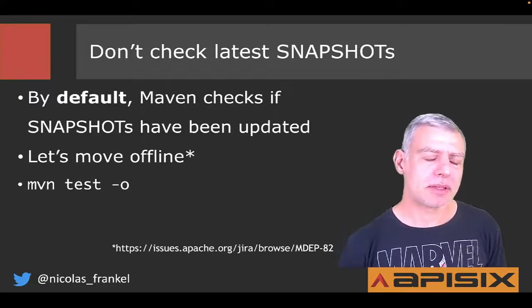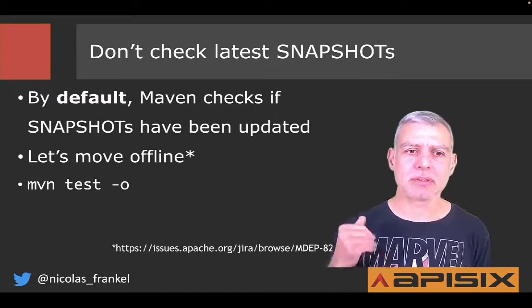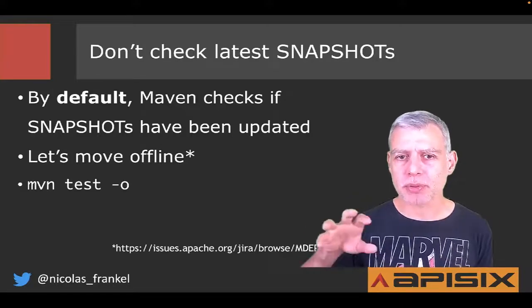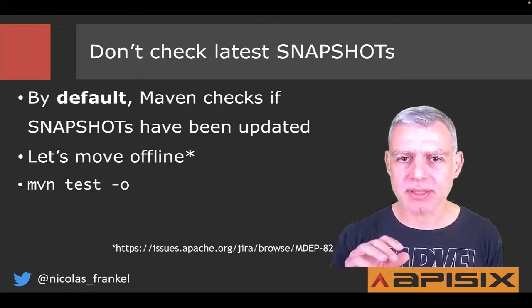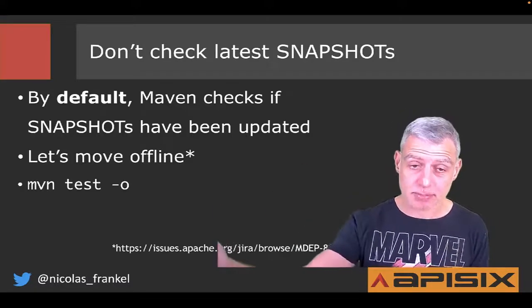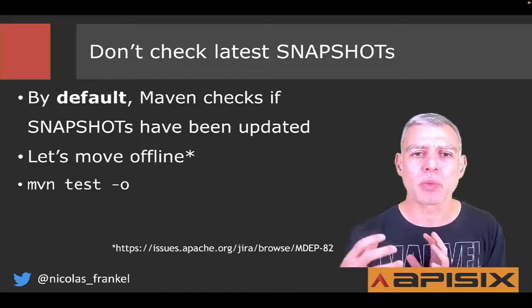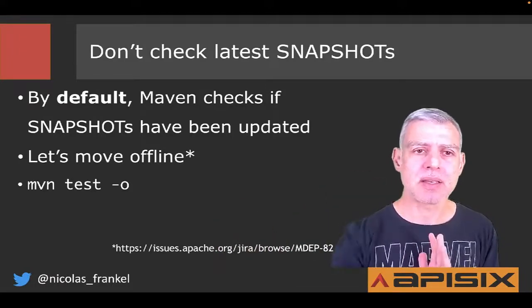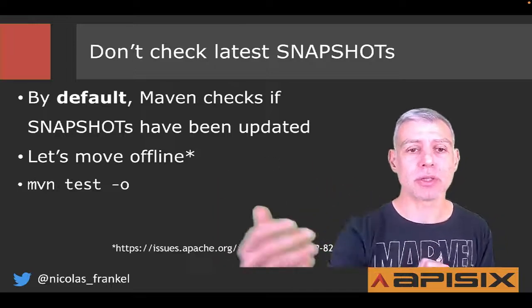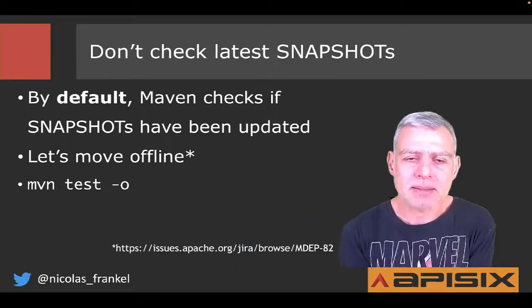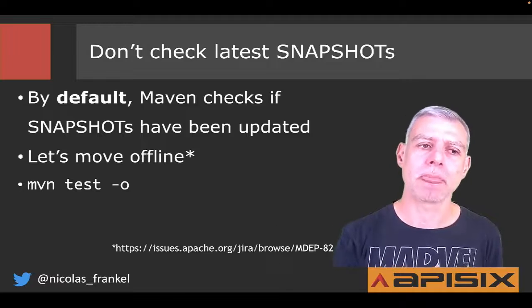Another optimization technique is to check the snapshots. So as I mentioned, the project I chose is on purpose. It depends on snapshot dependencies. And the thing is, Maven will check every time if there is a new version of the snapshot available. Even if it doesn't update it, it will check.